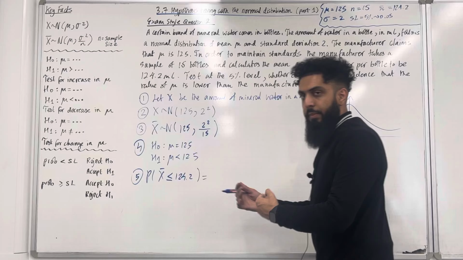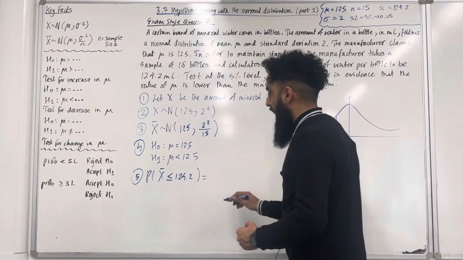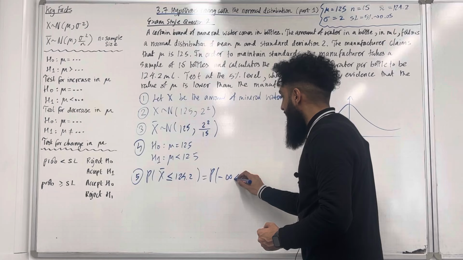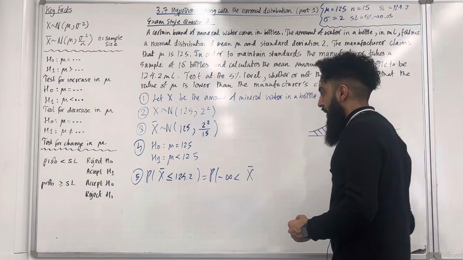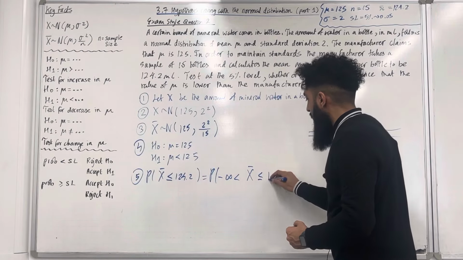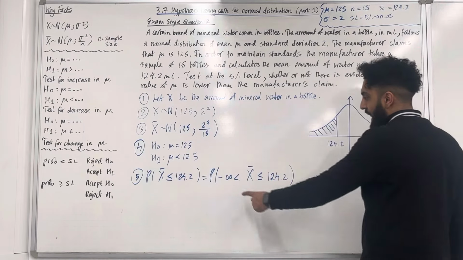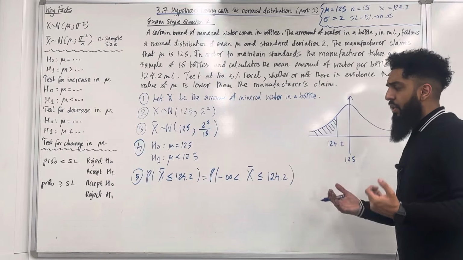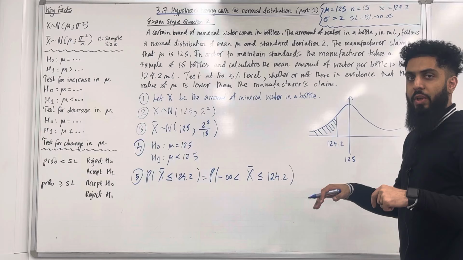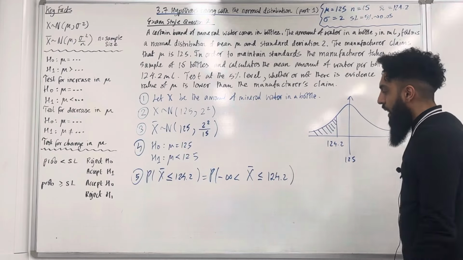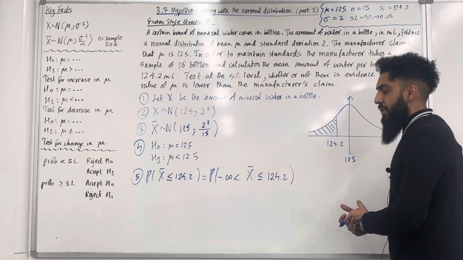Let's rewrite this probability. So it will look something like this. Minus infinity is less than capital X bar, which is less than or equal to 124.2. Now the lower limit is minus infinity, but we can't type minus infinity into our calculator. So for the lower limit, we're going to take a number far smaller than 124.2.